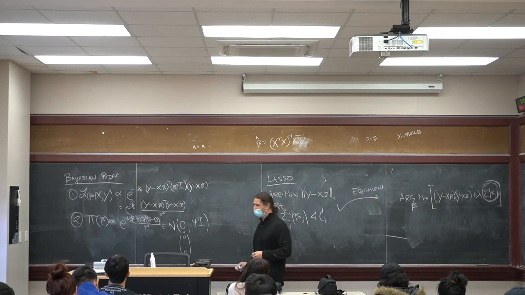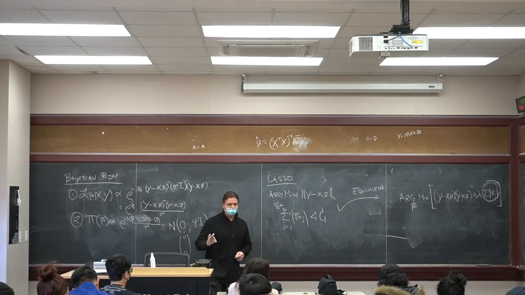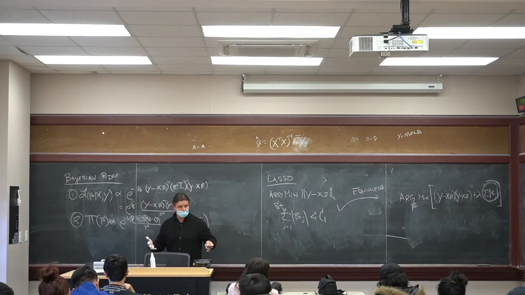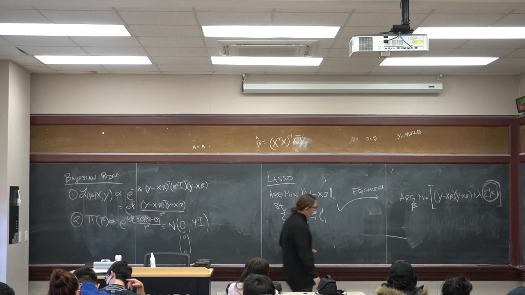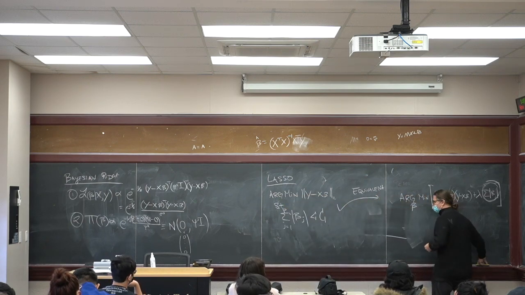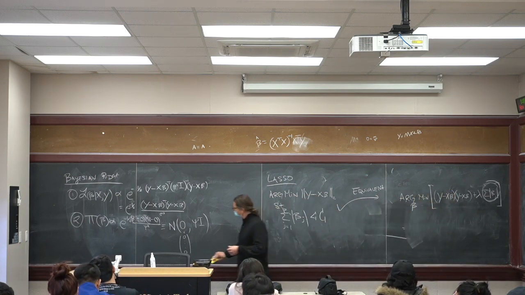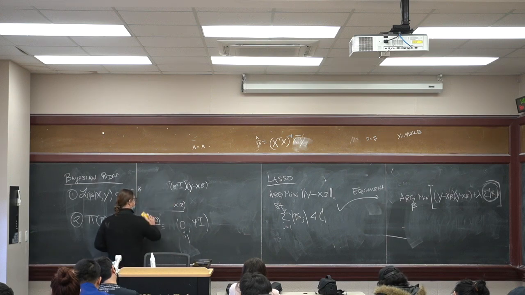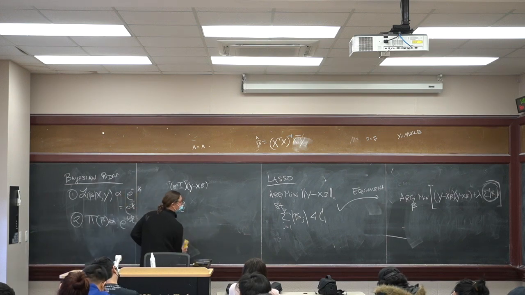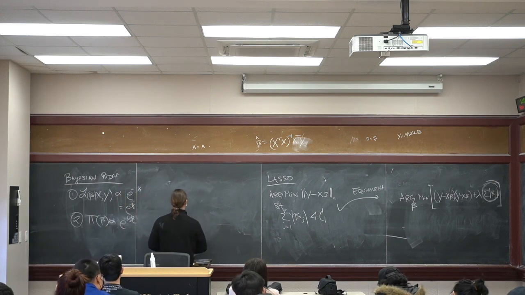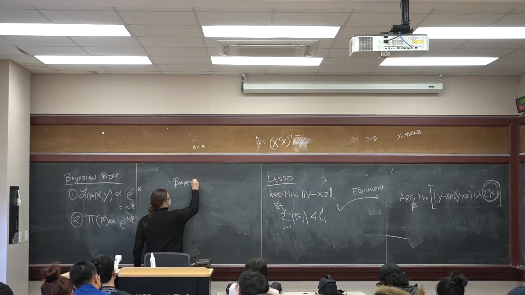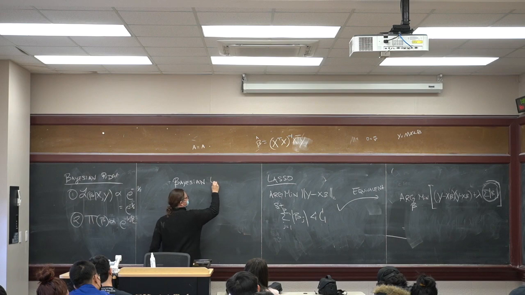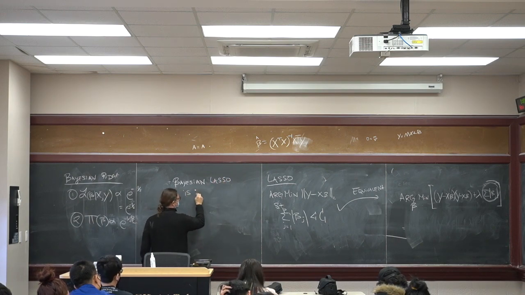Bayesians want a little bit more than just a point estimator. We're statisticians and we want uncertainties. I think that that's important. So the Bayesian version, Bayesian LASSO, is this thing.